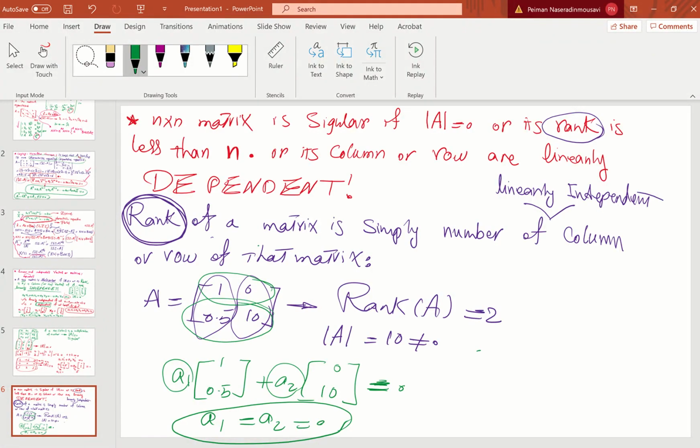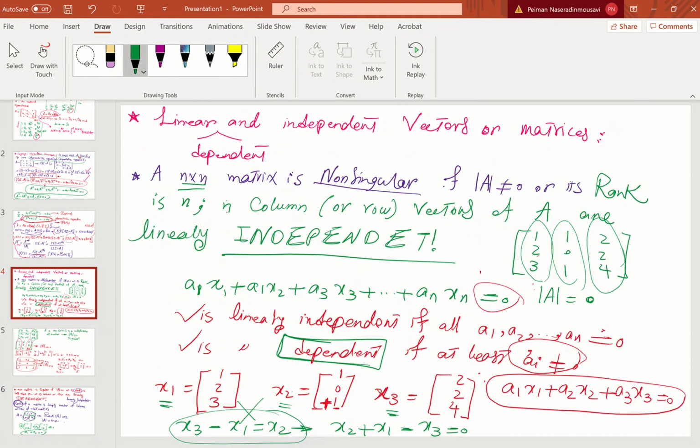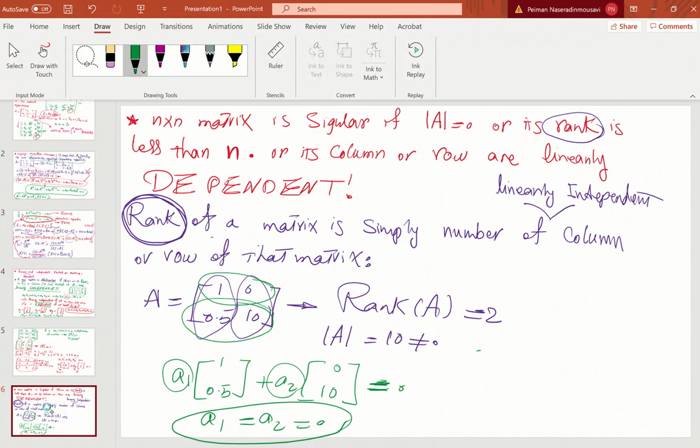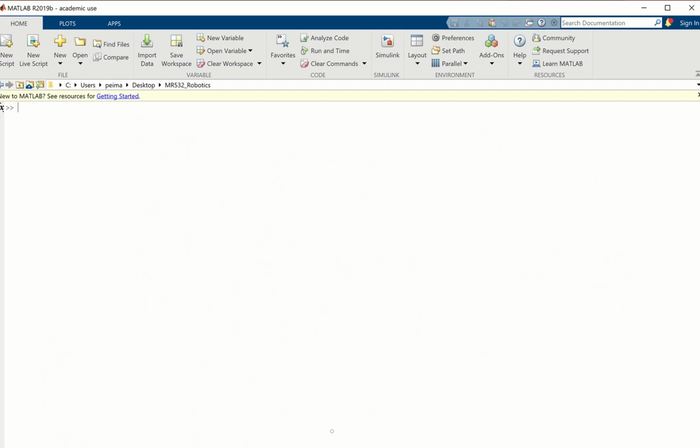Based on the definition of linearly independent, the vectors are linearly independent if all the coefficients must be 0, and they are. So this matrix's columns or rows are linearly independent. Its determinant is 10, not 0, and because this is 2 by 2, its rank is 2.